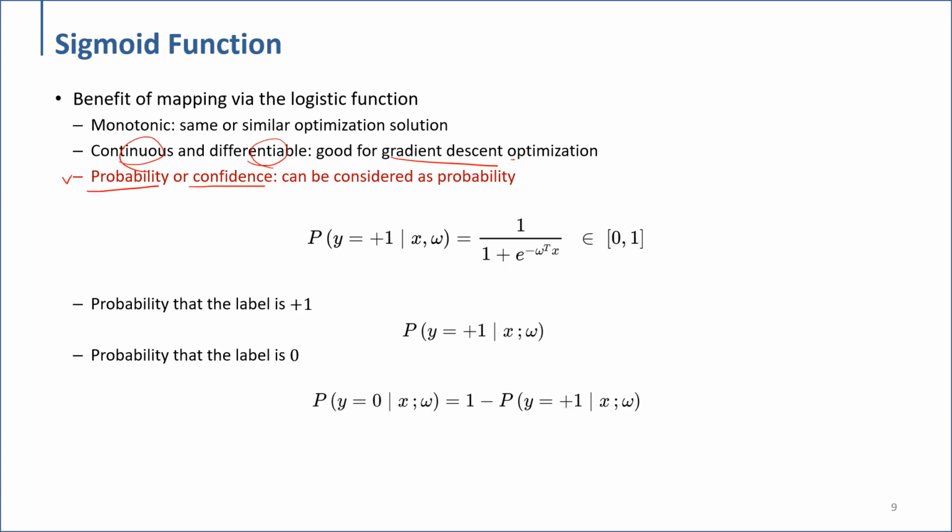That means the values range just from 0 to 1. When you calculate the sigmoid function, this value can be considered as the probability of being classified as a class. Let's say this is a decision boundary, and we have some data points like this.